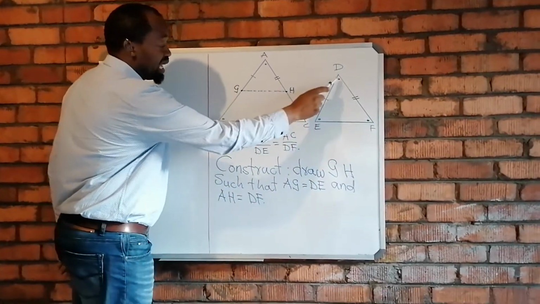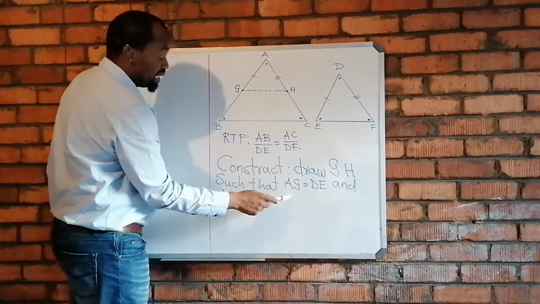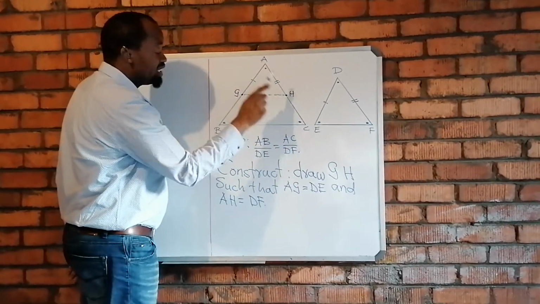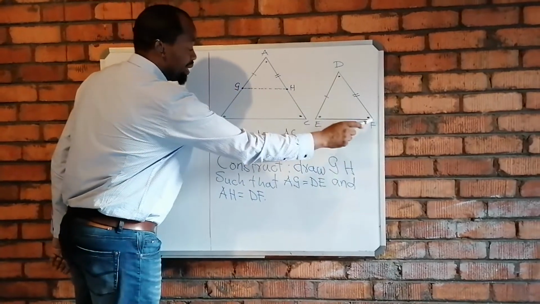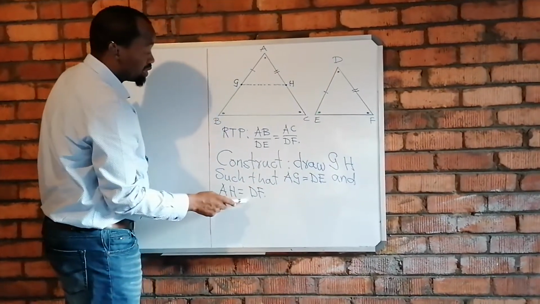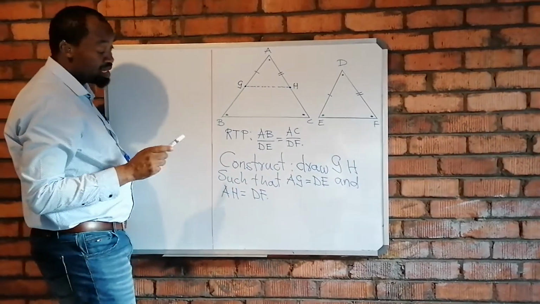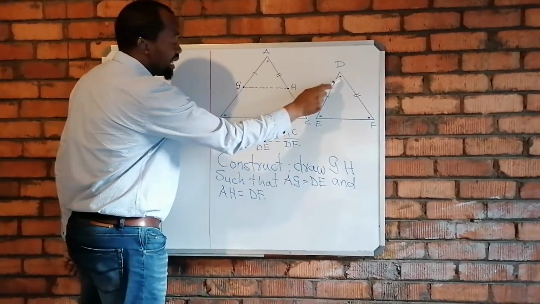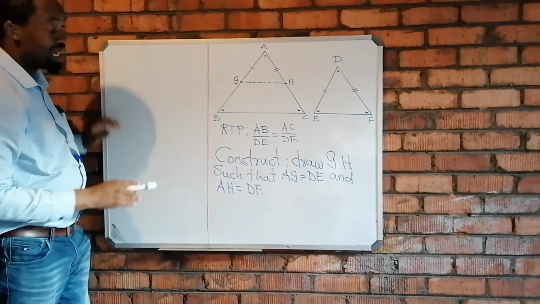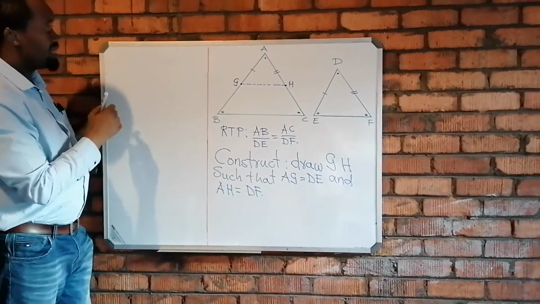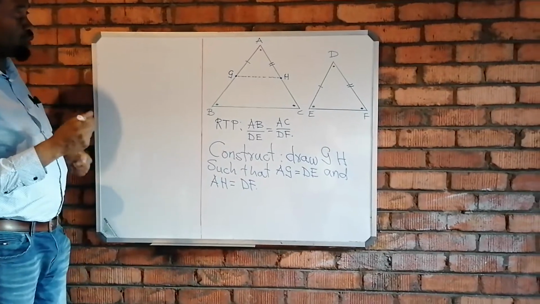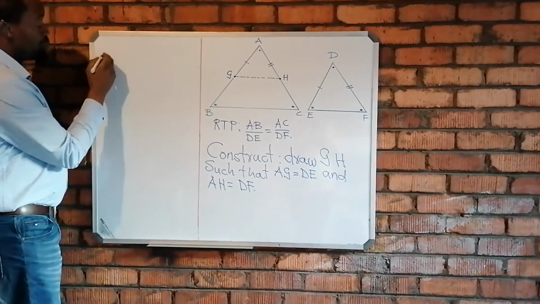AG is exactly the same as DE according to our construction. AH is exactly the same as DF according to our construction again. And moreover, we were given that this angle is equal to that angle. That means now, the first part of the proof, I'm going to use congruency. Let's prove it.